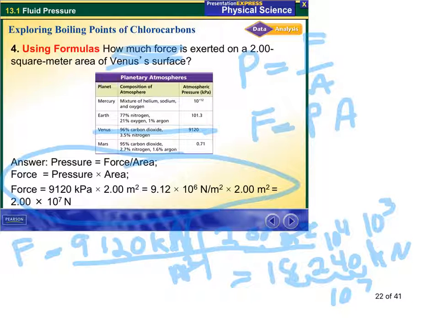So instead, I am going to say 1.82 times 10 to the 7th newtons.